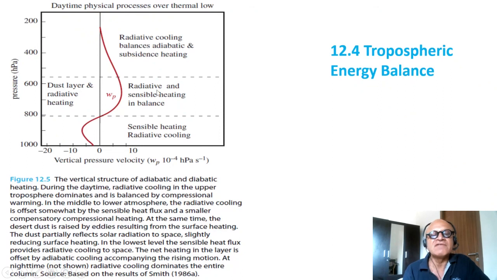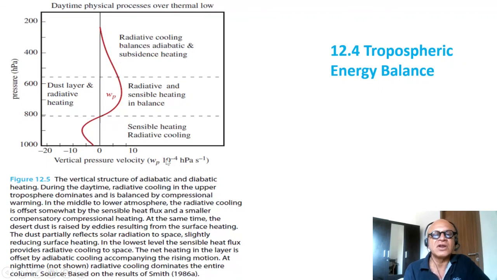There is mid-level radiative and sensible heating balancing each other. So this we will see later on produces another unique feature of the desert. And above that you have radiative cooling balancing adiabatic subsidence and compression and heating. So that's the vertical balance.